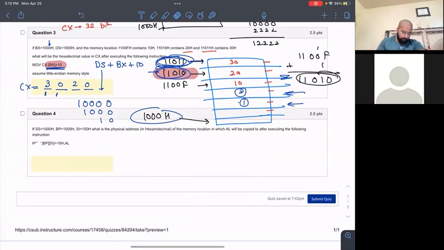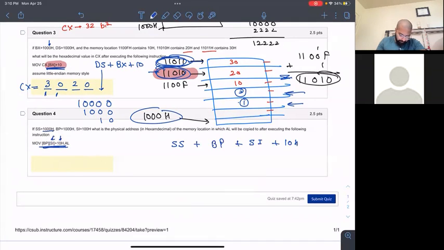But let's try it with real values. We have a base pointer, a source index, and then a value. The base pointer is in the stack segment, so to find the actual address where we want to save this value, we do stack segment plus base pointer plus source index plus the value, 10H in this case.